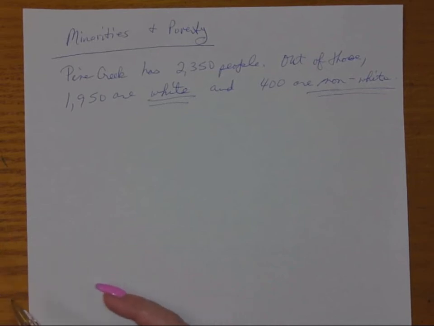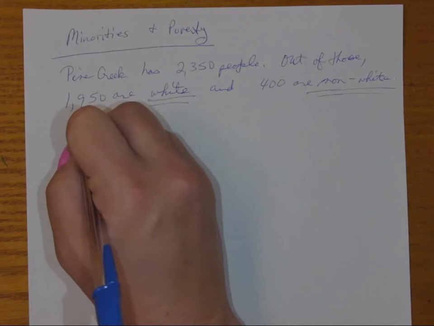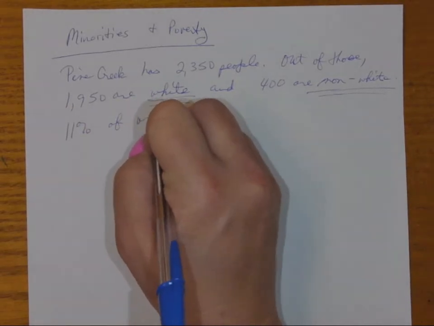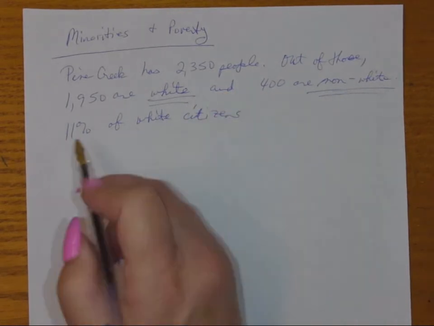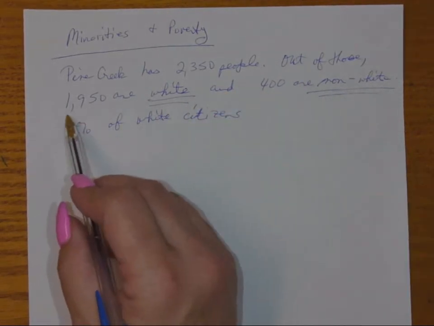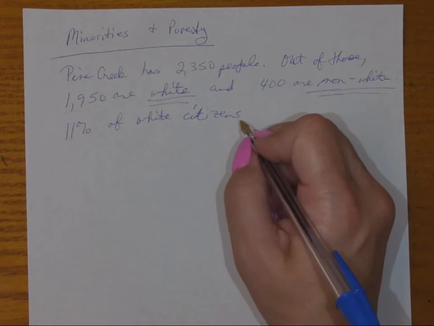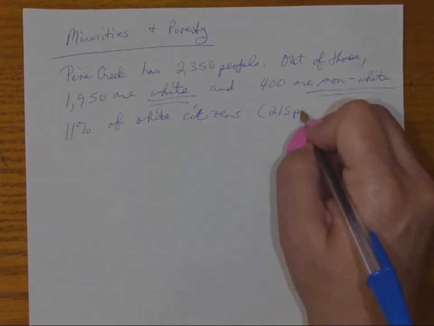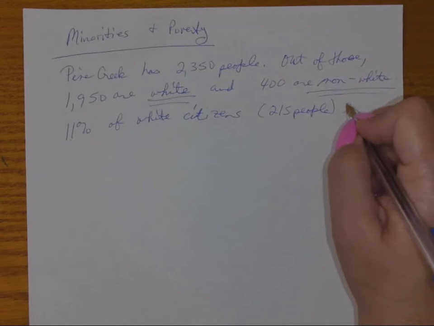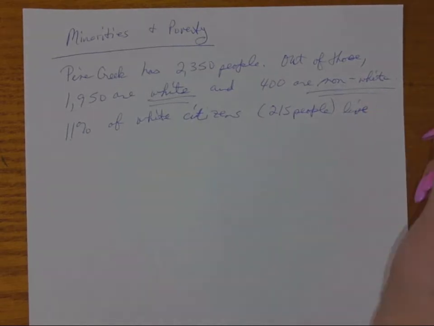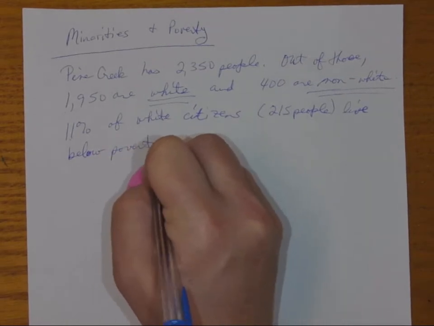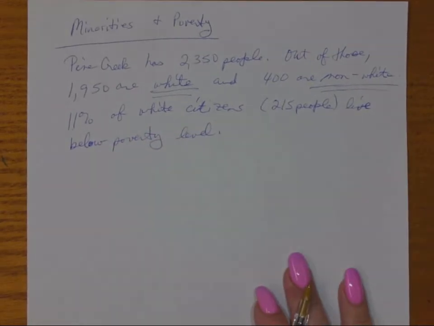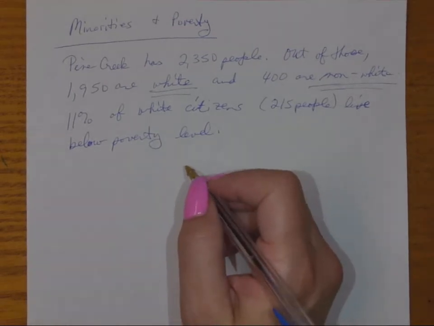So here's what they say. 11% of the white citizens, so if you multiply that out, 11% of the 1,950, that's 215 people live below poverty level. Again, they're just giving us some demographic, economic information.